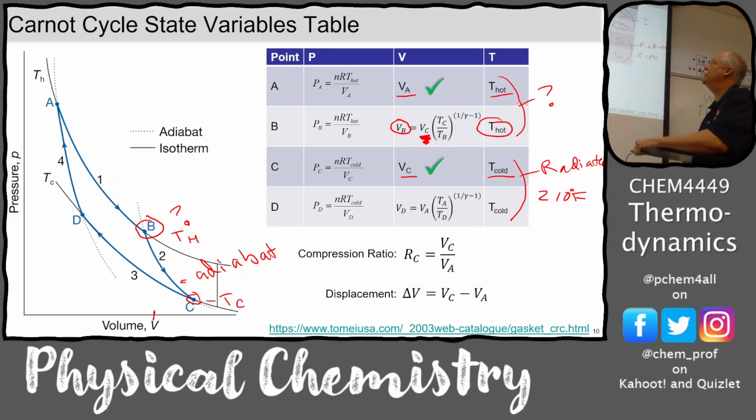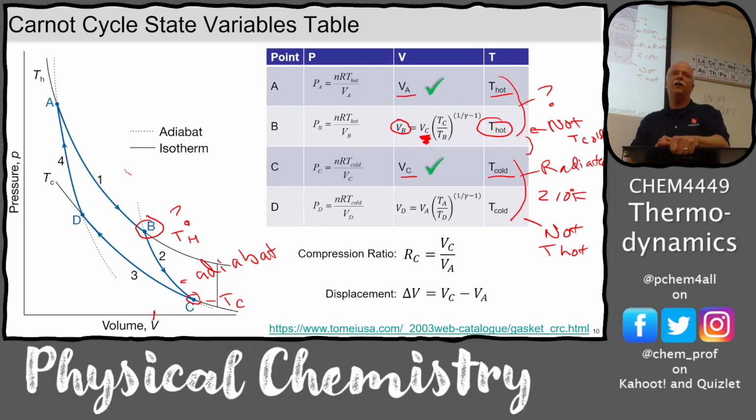The other place I see people screw up is they will put this at T cold. So this one is not T cold. And this one down here, let's see, this one is not T hot. You've really got to compare it to the diagram.